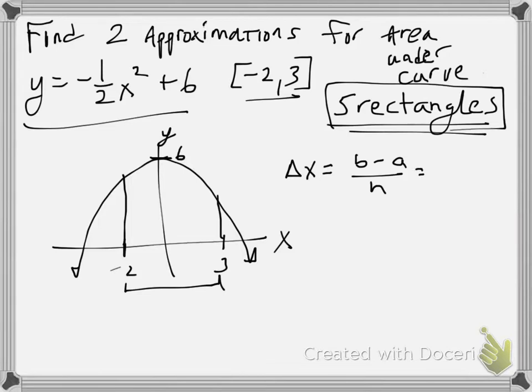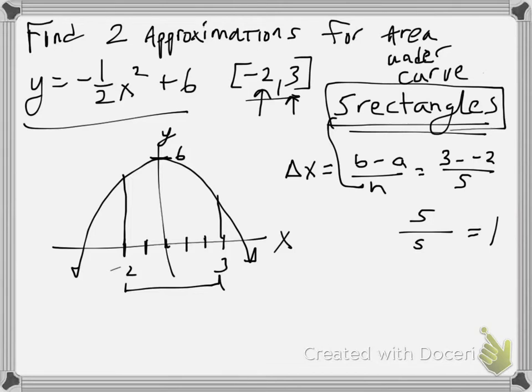We have something that's ending at 3, and we're finding the distance across the entire interval. This interval is 5 spaces long, 3 minus -2 is 5 on top. And we are dividing it 5 ways. So 5 divided by 5, of course, is 1. So each of our intervals is going to be 1 unit long. That's all that we've just figured out. Delta x is equal to 1.